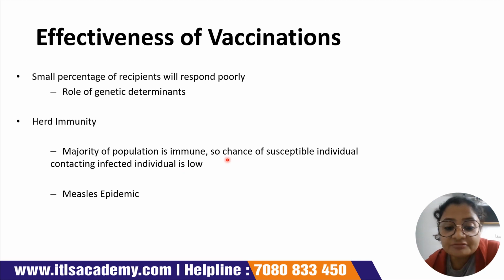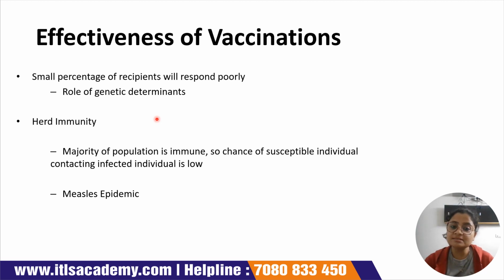Moving forward, effectiveness of vaccinations. So a small percentage of recipients will respond poorly, which is the role of genetic determinants, because each one of us is different from each other on the basis of genes, on the basis of our genetic makeup.